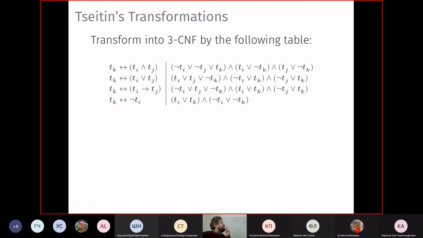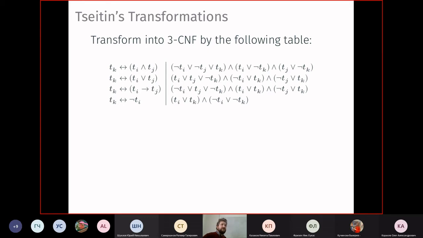So, yeah, you should keep in mind that A implies B is not A or B. So if you have not Ti or not Tk, you can read it as Ti implies not Tk, or dually Tk implies not Ti. But if in doubt, this can be routinely checked by truth tables.